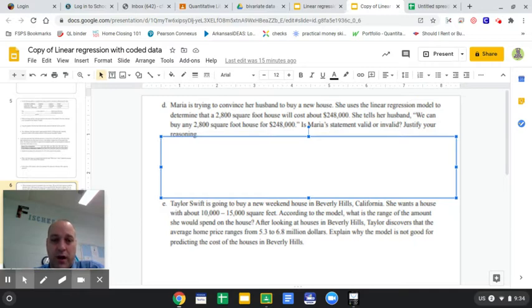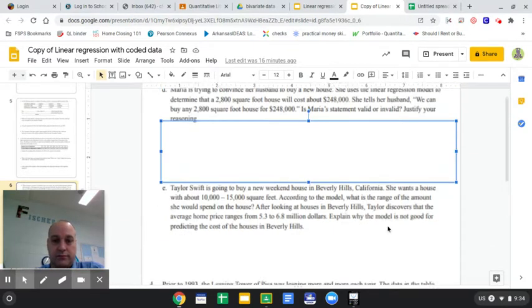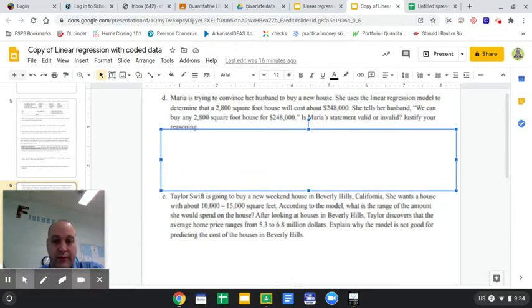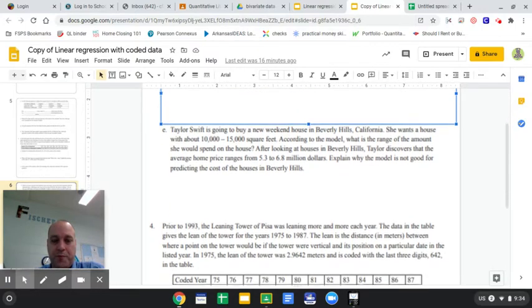You might be able to buy a 2,800 square foot house, say here, for $248,000. But if you go to California or Hawaii, it's not going to cost $248,000. A 2,800 square foot house is going to be about $1 million. So is it valid? No. And I just gave you the reason why.